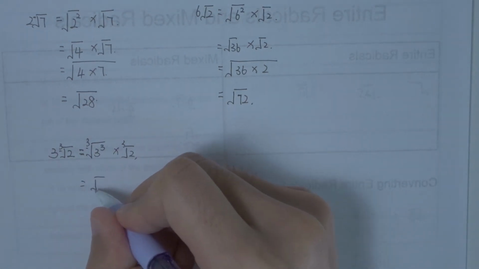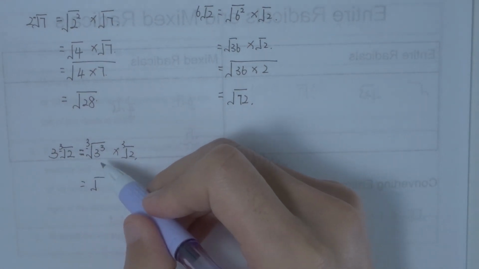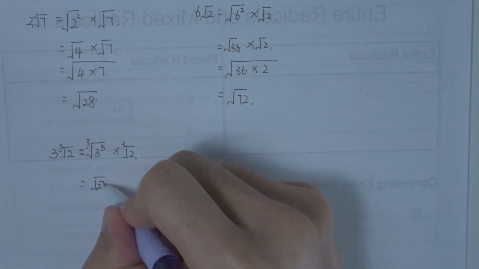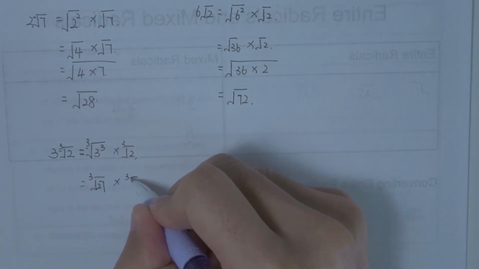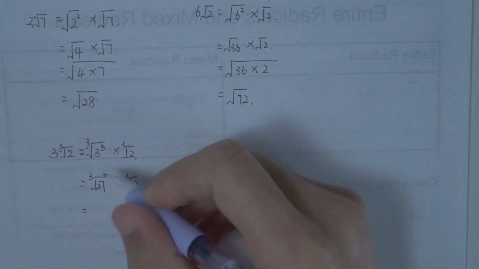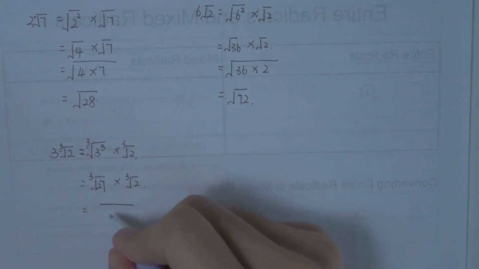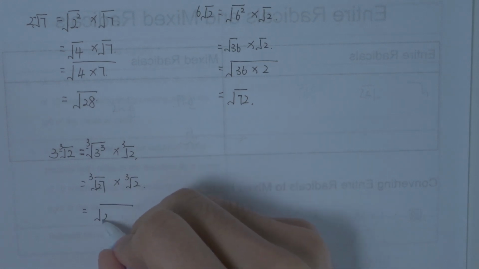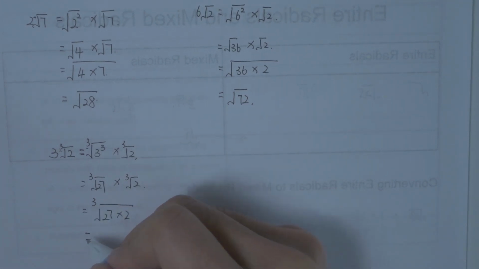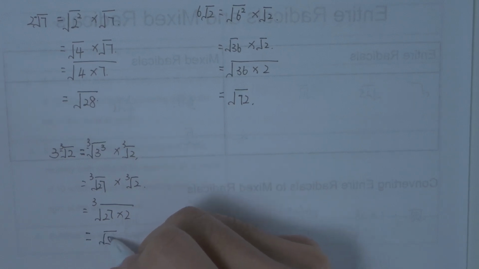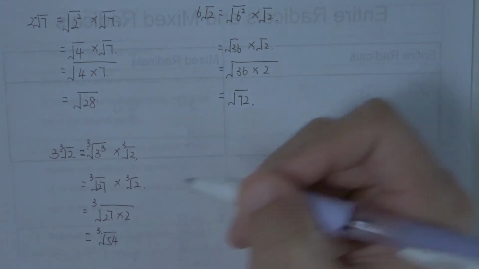The 3 to the power of 3 is 27 under the cube root, times cube root of 2. Then we combine these two together: 27 times 2 under the cube root, which equals 54 under the cube root.